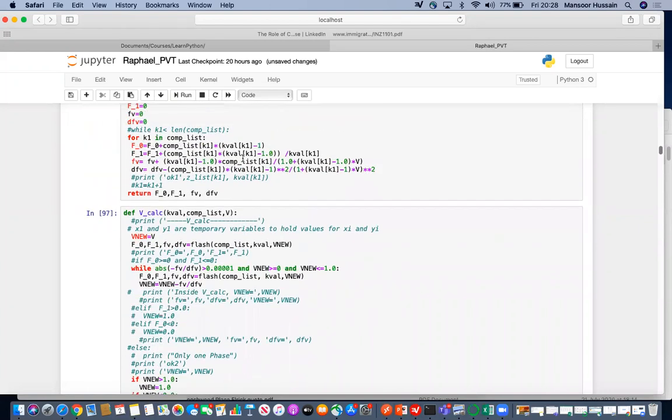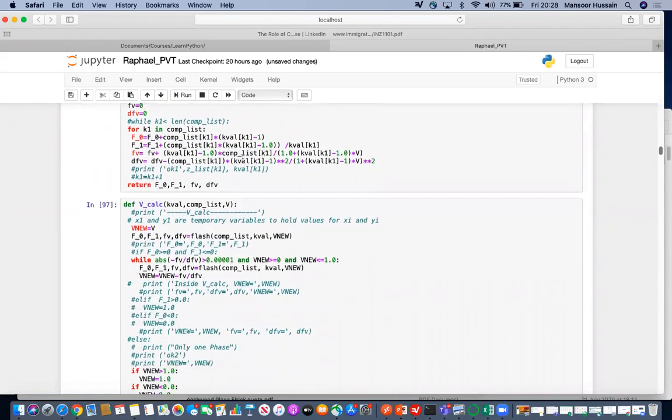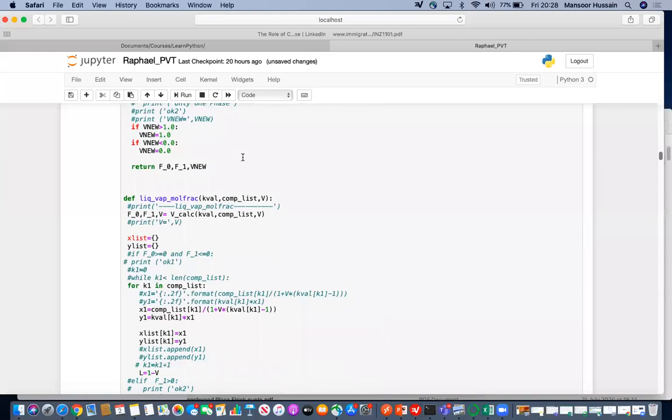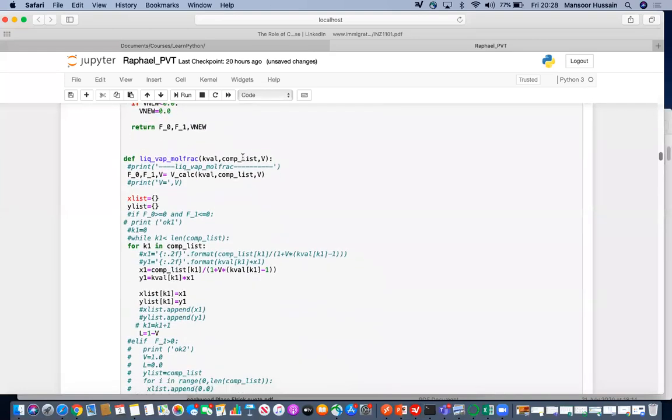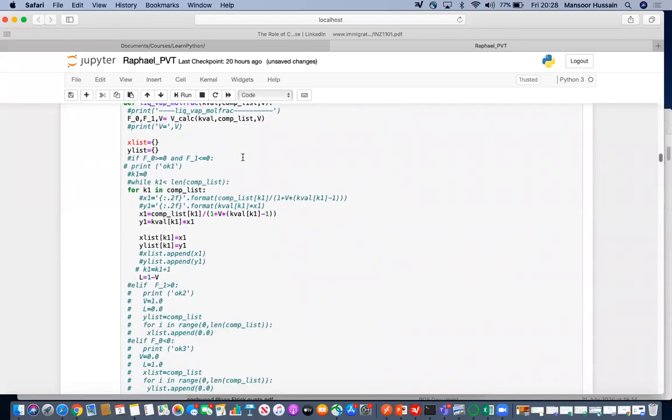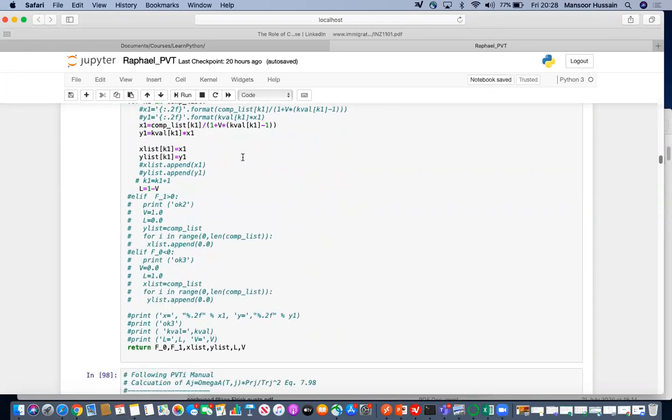So this function, flash, vcalc, and this liquid vapor mole fraction, they basically just work on the flash theory.